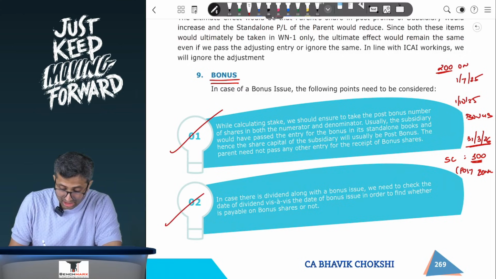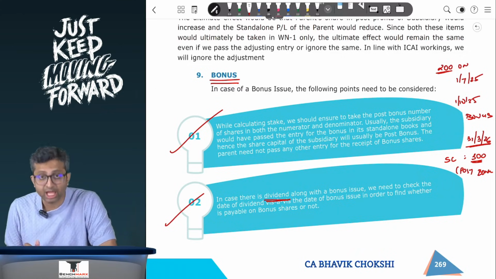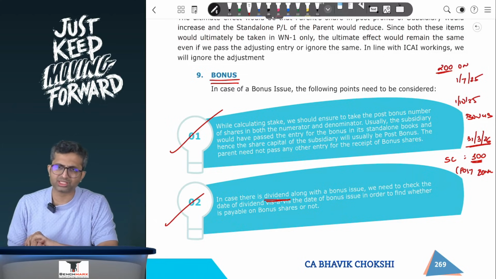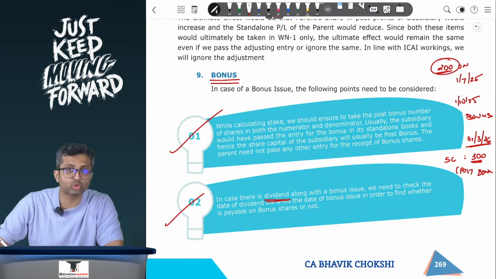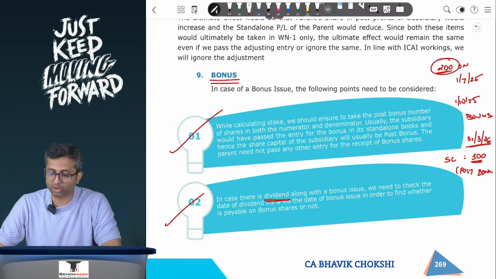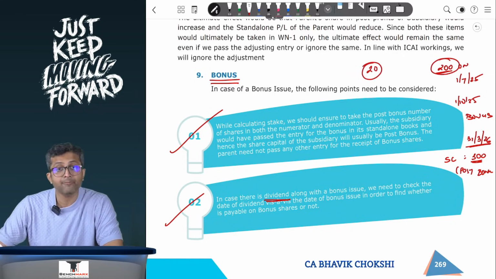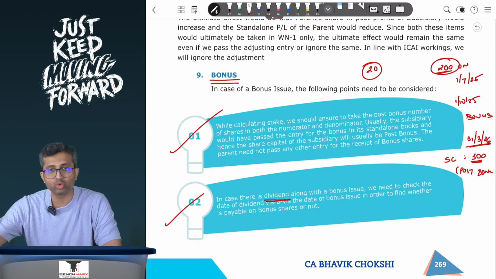Secondly, if there's a dividend along with the question where there's a bonus, you have to find the date when the dividend is paid. If the dividend was paid prior to the date of bonus, then it will be only on the shares, for example 200. But if the dividend is paid after the date of bonus, let's say there's a 1:10 bonus, which means 200 shares will get 20 shares as bonus, then the dividend will be on 220 shares.